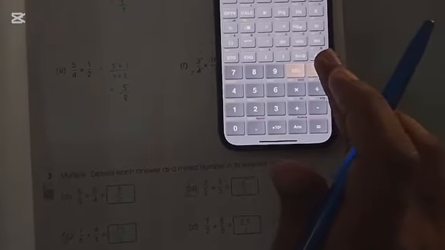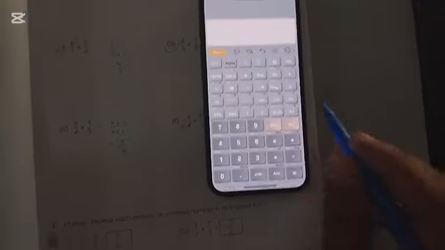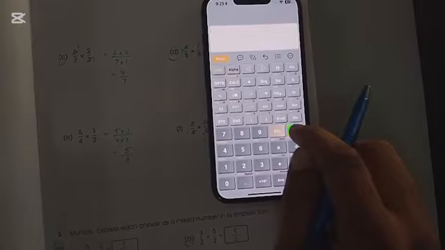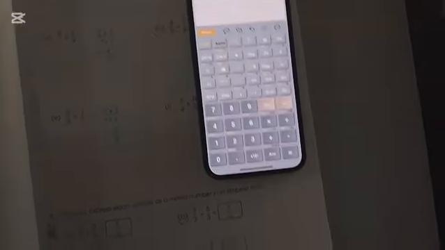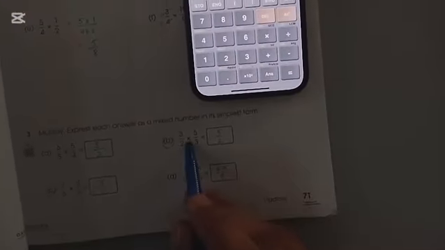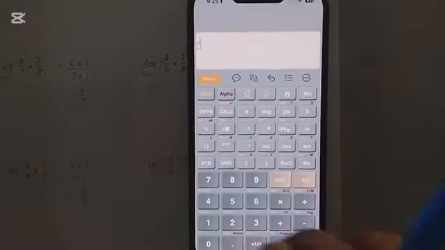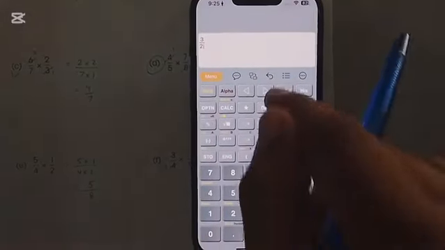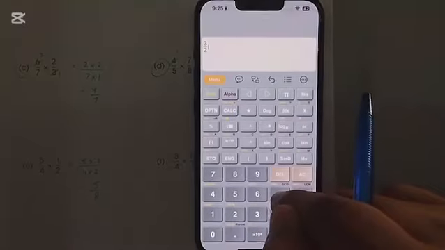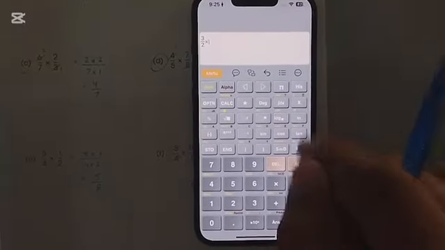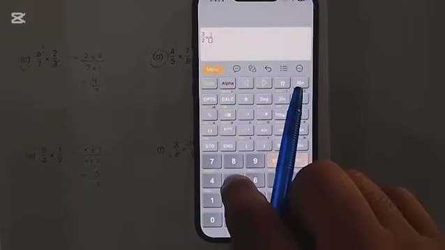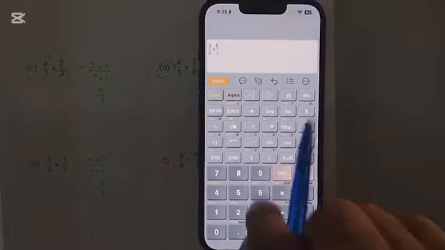For the B part, when you have to reset, you click AC. This AC button will erase everything. Now we have 3 over 2 multiply 5 over 3. So we write the fraction 3, then click the next button, 2, then next, then multiply, then we write another fraction, 5 over 3.